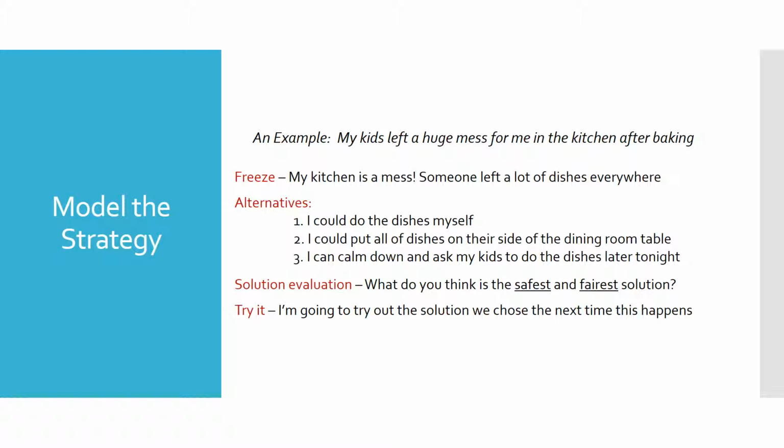Yep, if I put all of the dishes on my kid's side of the dining room table, that would be pretty childish and probably wouldn't solve the situation in the long run. Yes, Sarah, that's true. I could calm down and ask my kids to do the dishes later tonight, and that would be the best solution in the long run. So I'm going to try that solution out the next time that happens at my house.